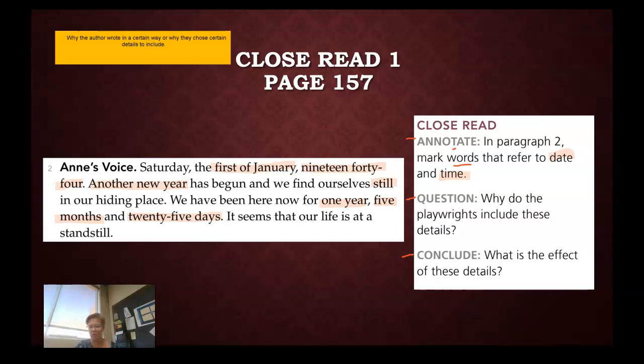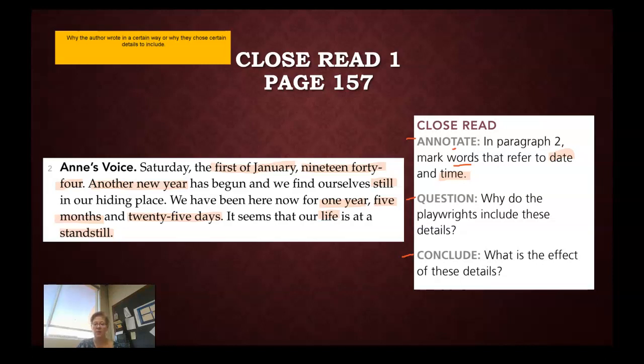They want to be out of here as soon as they can. It seems our life is at a standstill. So that doesn't mean that she's standing still. She's saying that her life, her growing up, the normal thing, it's all at a standstill. They're just hiding in this place. Nothing good is moving or happening. They are at a standstill.